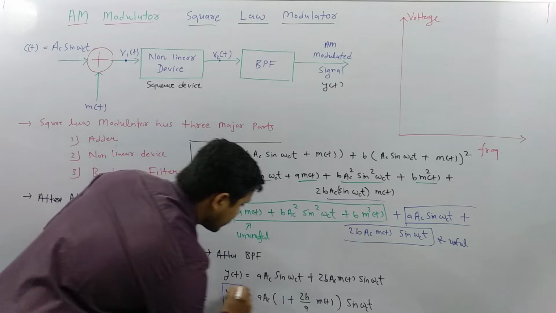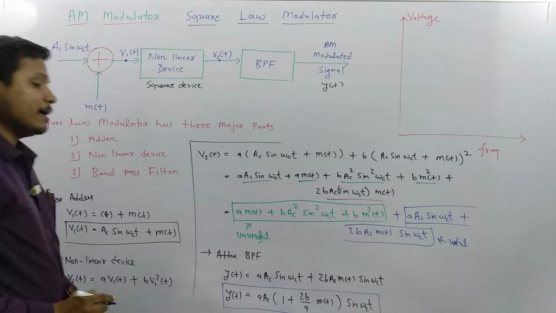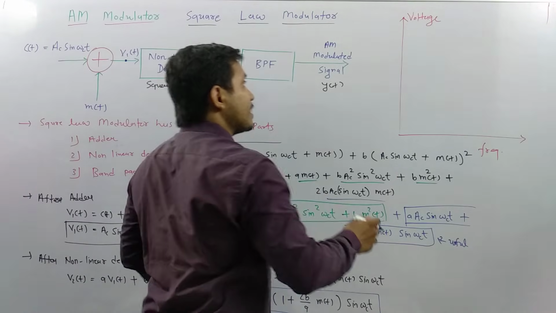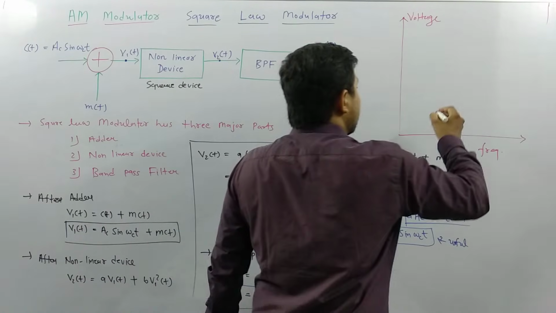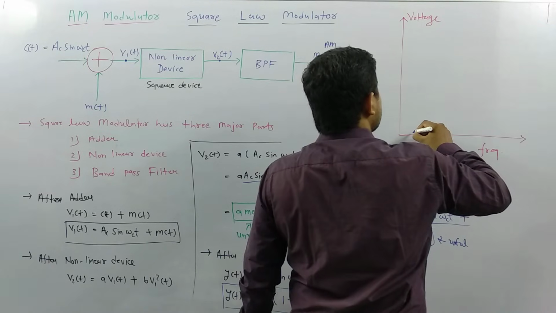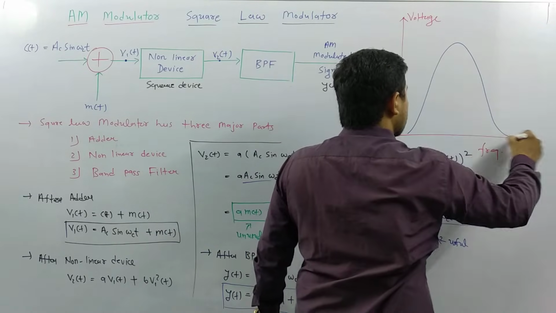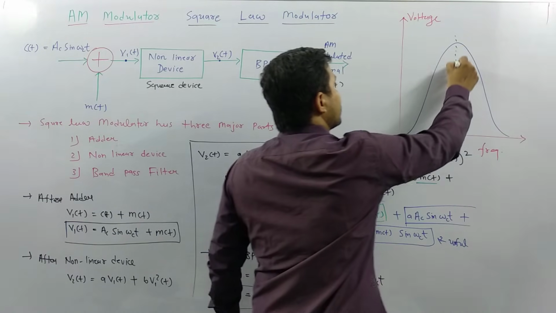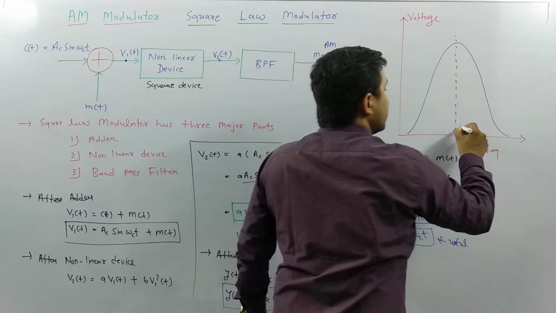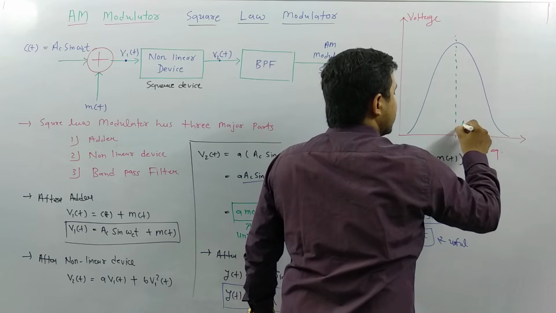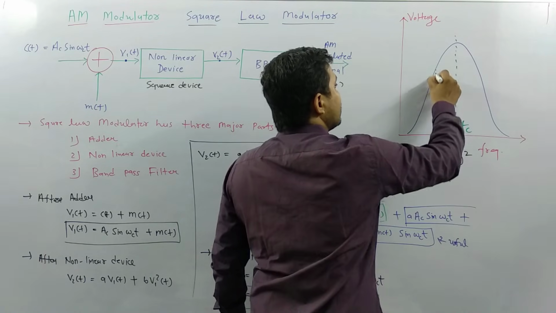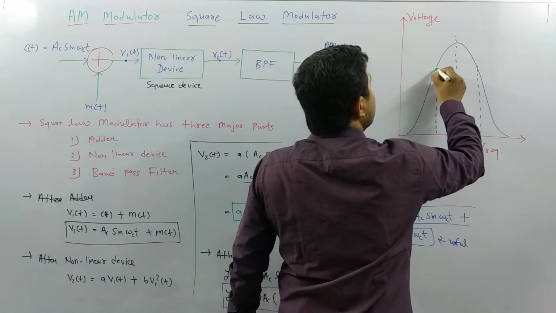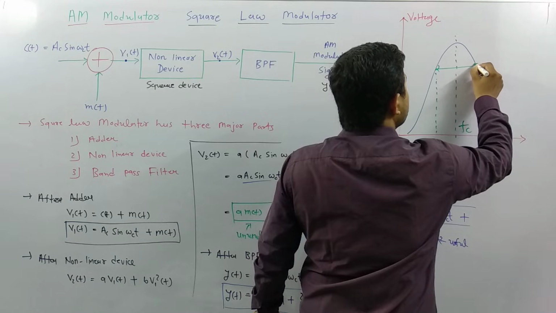So when you have this signal and pass it through a band pass filter, the band pass filter response is somewhat like this. In that response, this is the center frequency fc, and if this is my half power bandwidth, then the bandwidth here is as in the AM signal.